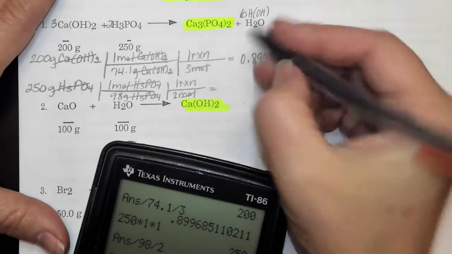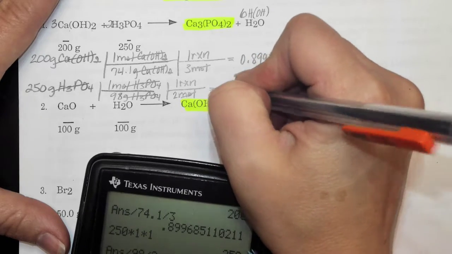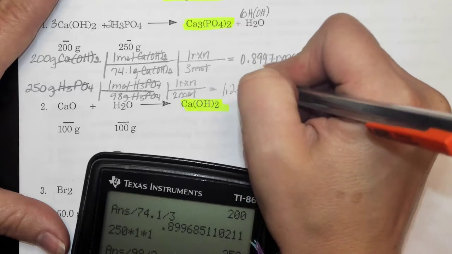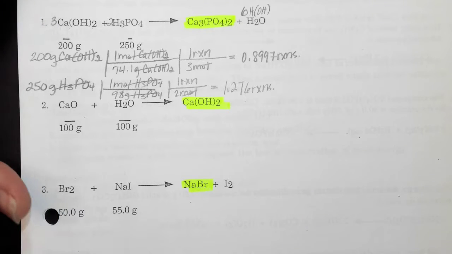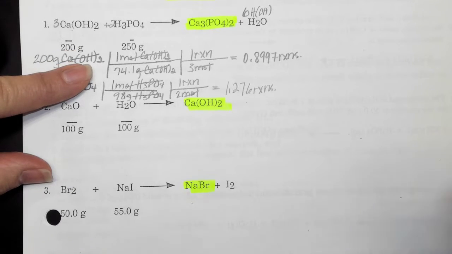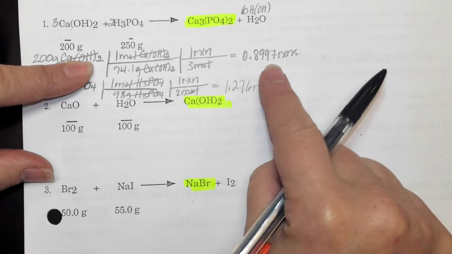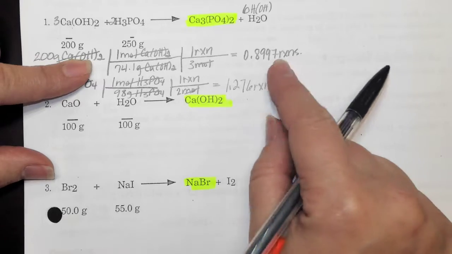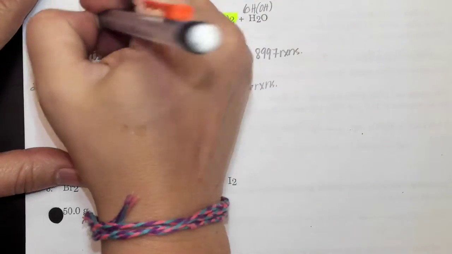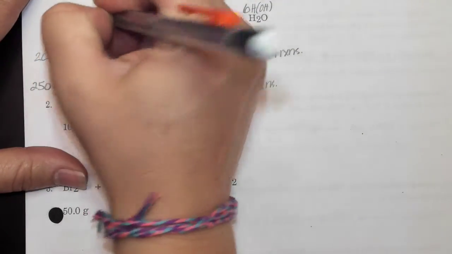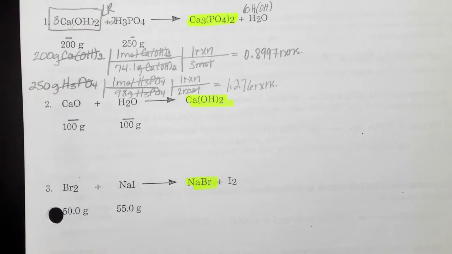And I get 1.276 reactions. Which one am I going to run out of first? CaOH2, right? It's awkward because it's a weird number, but it's still smaller, right? I still have less. So this is my limiting reactant. So I box my limiting reactant.